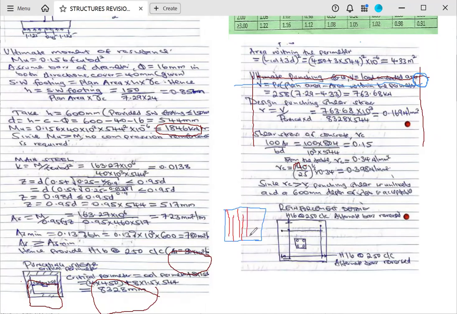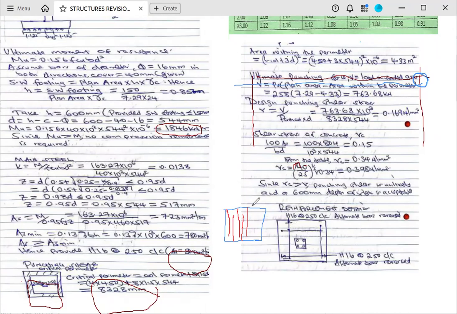So no bar joins the two ends, but if a bar starts from this end, it will stop some distance before the other end. Why? Because just like we've said, maximum design moment will occur near the face of the column.